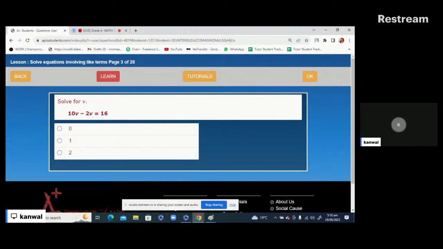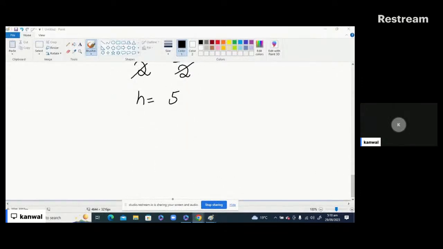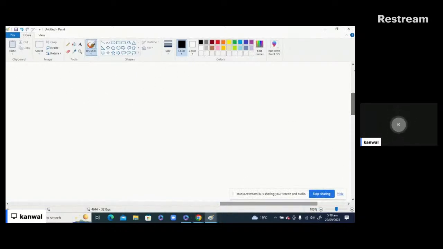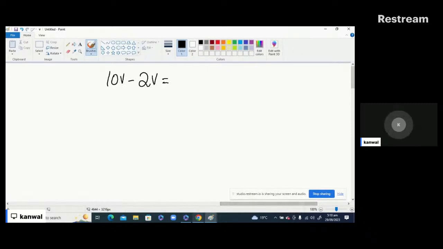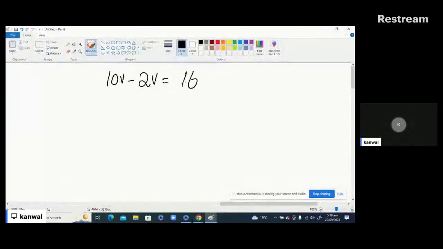Okay, now let's solve 10v minus 2v is equals to 16. Now what's the answer when you subtract 10v minus 2v?